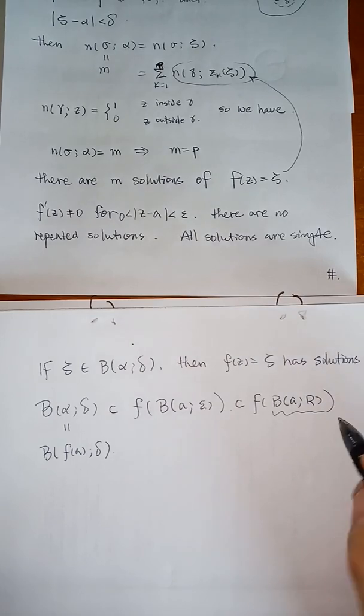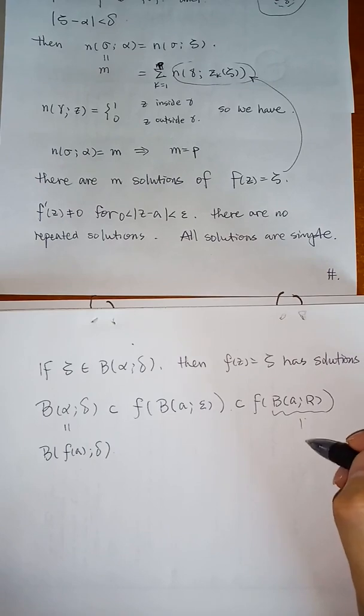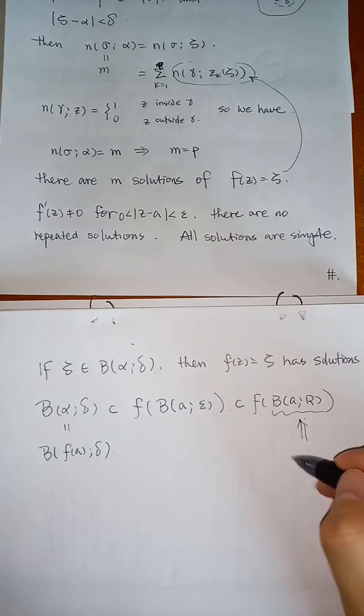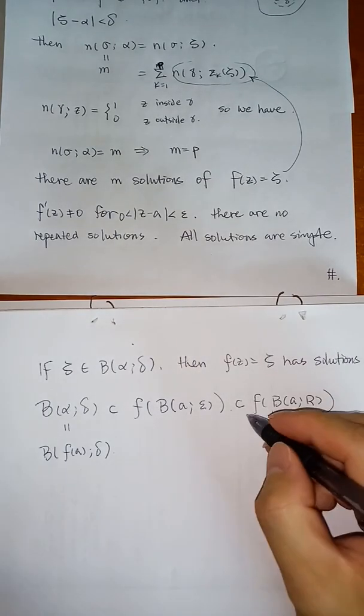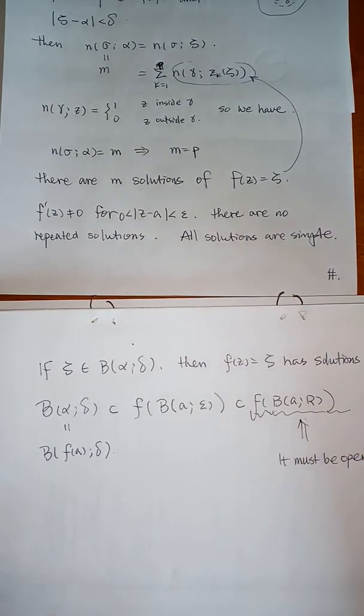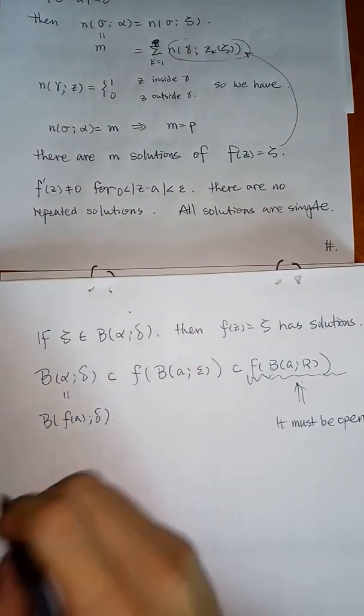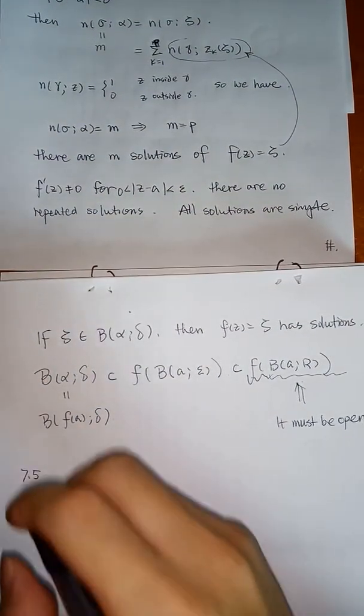It means this is open. Not this one. This must be open. Okay, so that's the open mapping theorem.